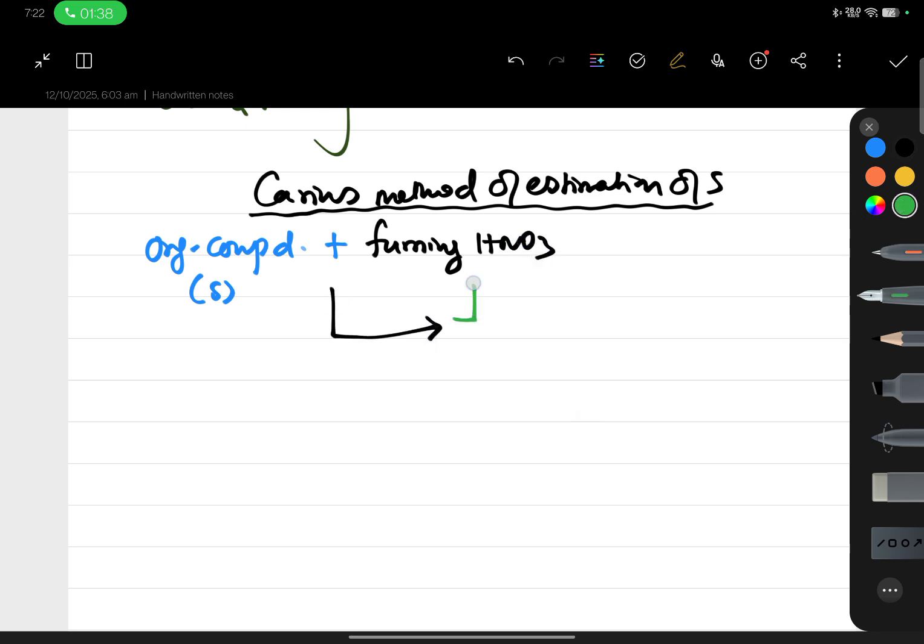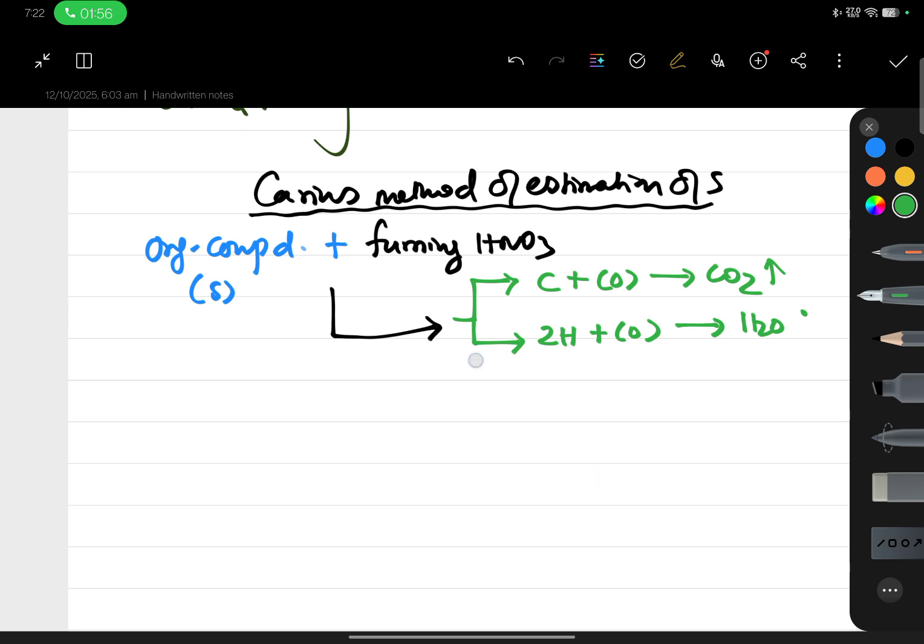The fuming nitric acid will convert carbon to carbon dioxide. The fuming nitric acid will convert hydrogen to water molecule.